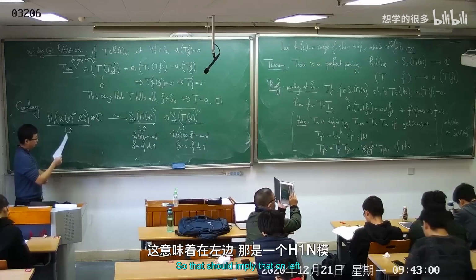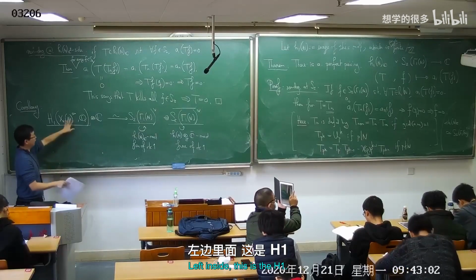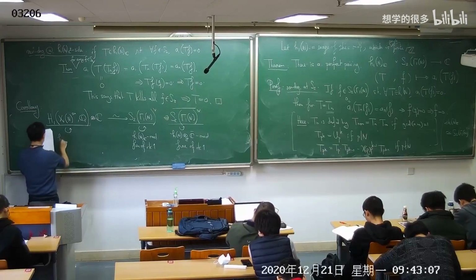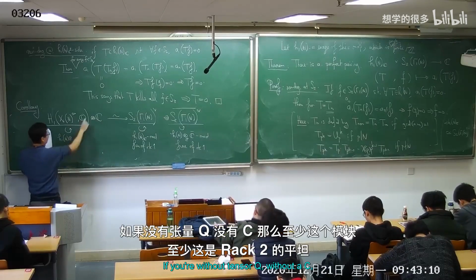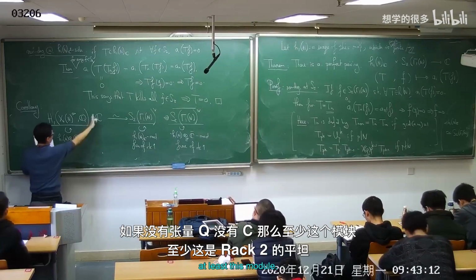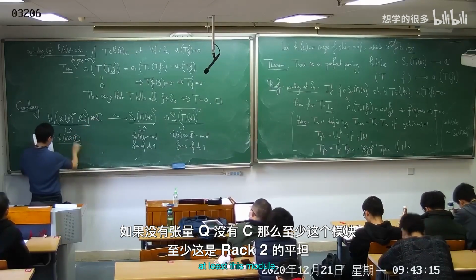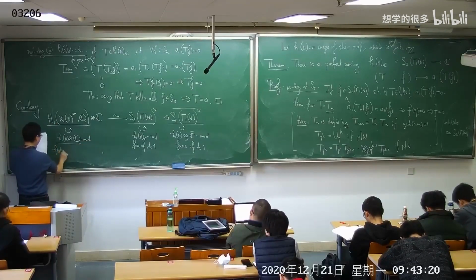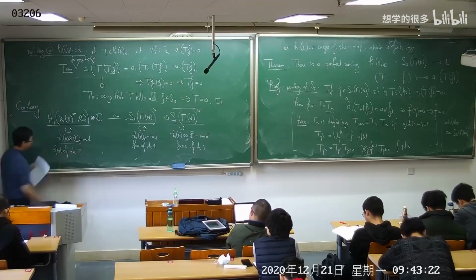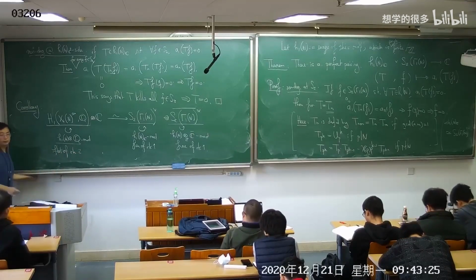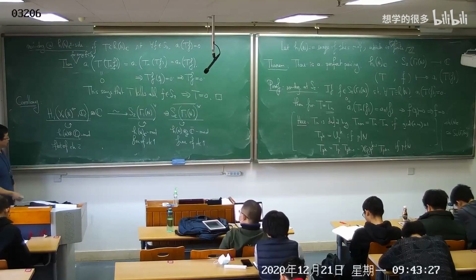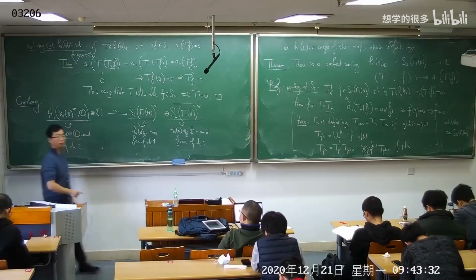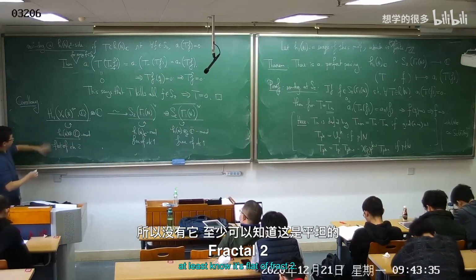So that should imply that on the left-hand side, because of the isomorphism, this is H1. Without tensoring with C, at least this module is flat of rank 2. Because tensored with C it is going to be a free module of rank 1 and 1, so rank 2. So without that, I at least know it's flat of rank 2.